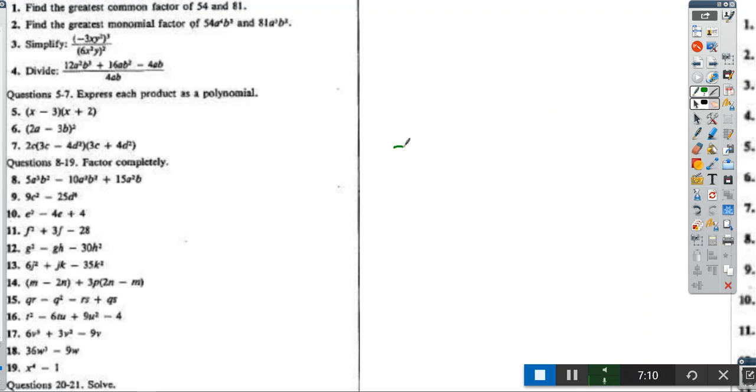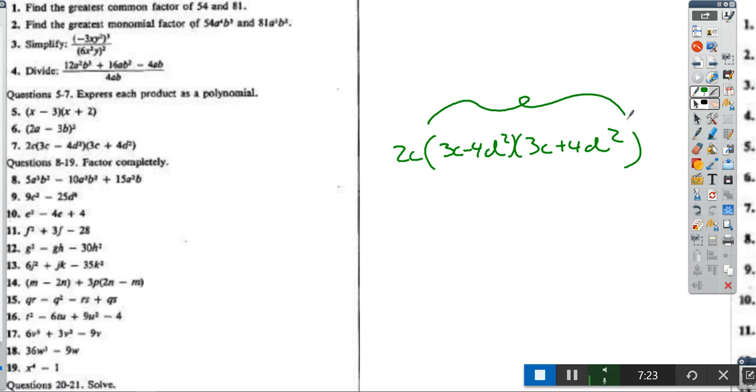And finally, we have 2c times 3c minus 4d squared times 3c plus 4d squared. And so the first thing I'm going to do is multiply this difference of squares together. And I know a difference of squares is going to have no linear term, it's going to cancel out. So really I just have 3c times 3c, so that's 9c squared.